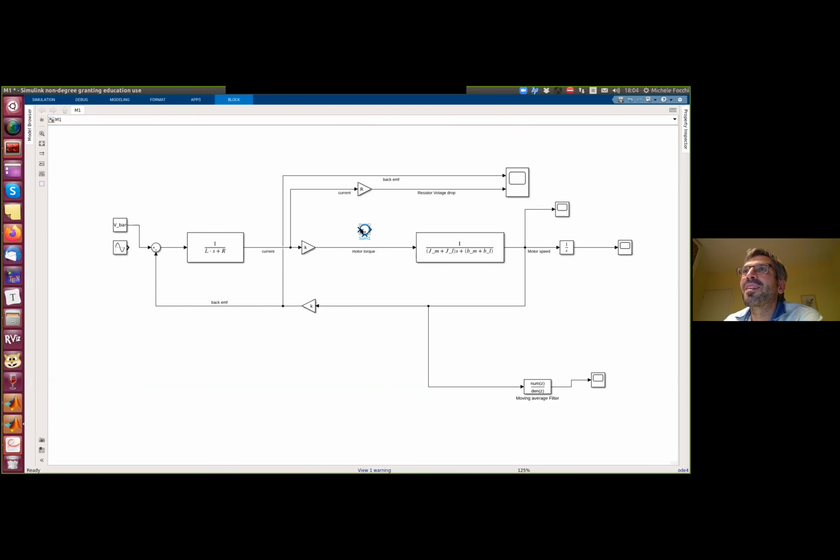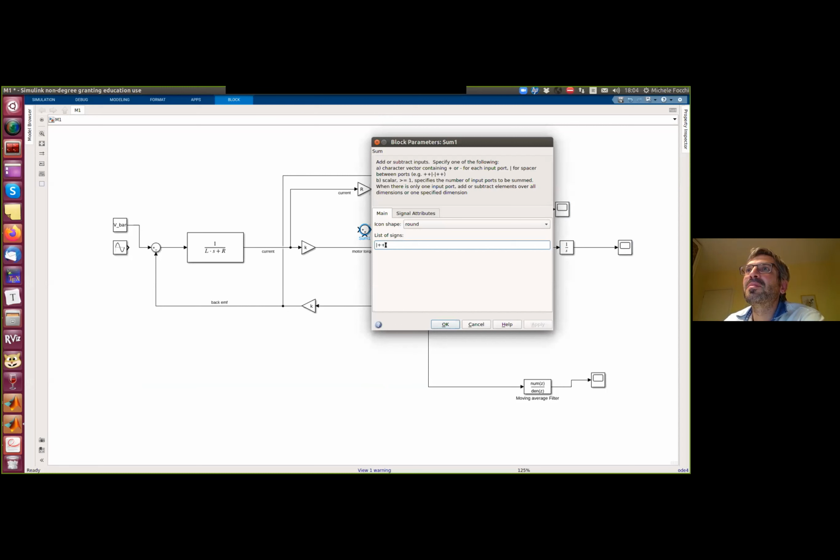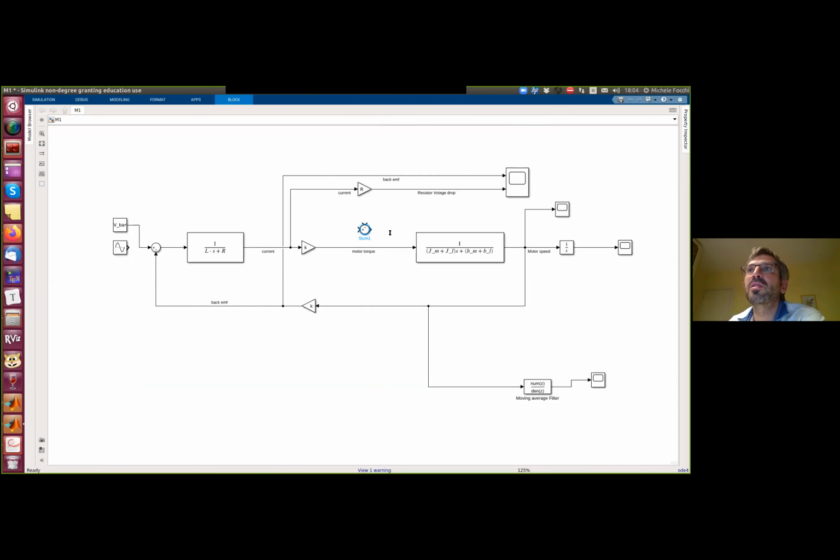I think it's something like this. Yes, very good. So we have our motor torque.